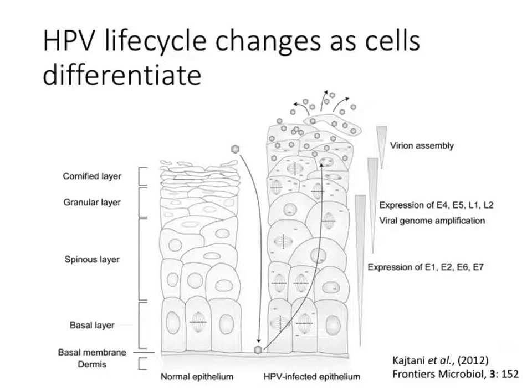Grace? Okay, so I'm just clarifying. When differentiation occurs, the late genes start being expressed? Mm-hmm. And there's a little bit more than just that. There's a couple of things that contribute to this change in gene expression. One is E2 actually is a transcription factor that's going to recruit other proteins.